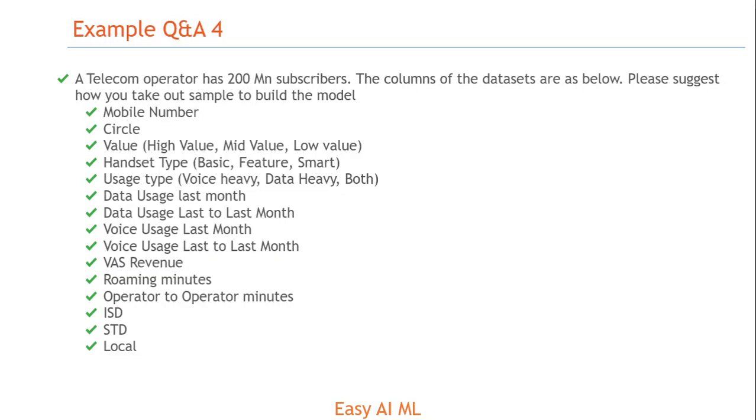Operator to operator minutes is like, suppose Airtel is one operator, to Airtel these many minutes, Airtel to Jio there could be some other value. ISD is long distance call, STD is domestic call, local is within the circle. So let us understand how to create a sample out of this data set.